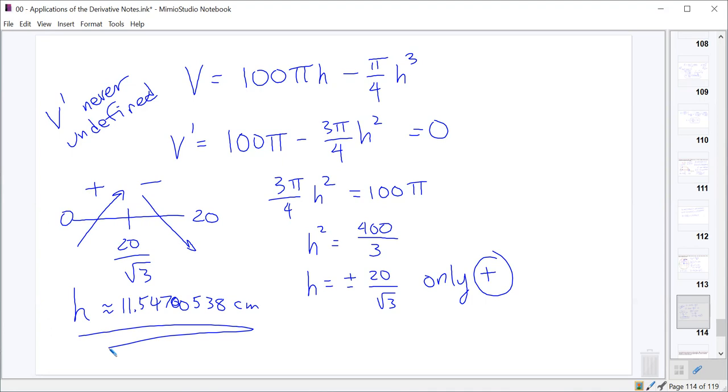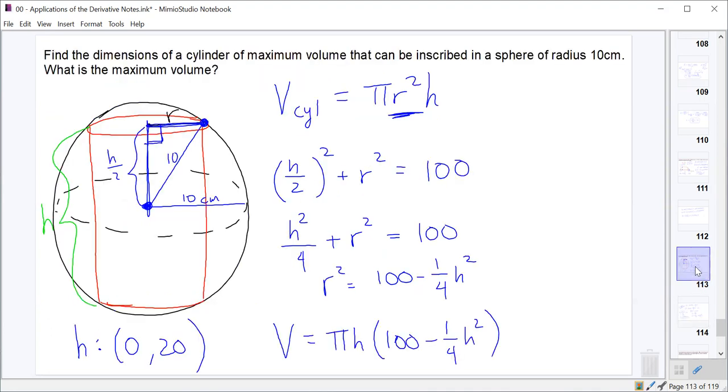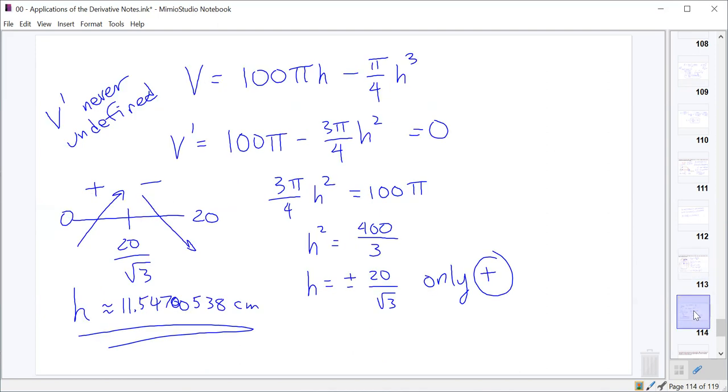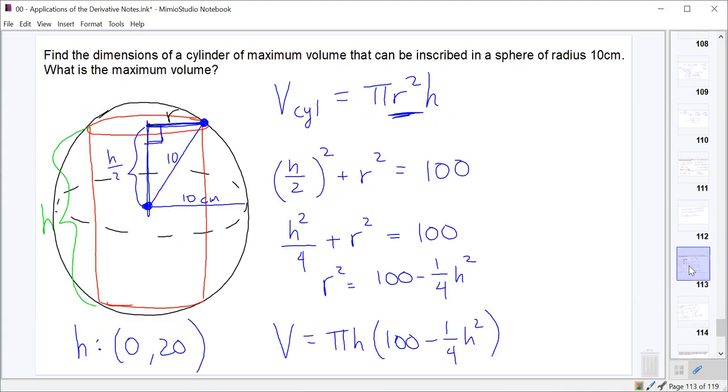And the original question asked us for the volume, what is the maximum volume, and to find the dimensions of that cylinder. So to find the radius, we had R squared equals, right here, 100 minus 1/4 of h squared.